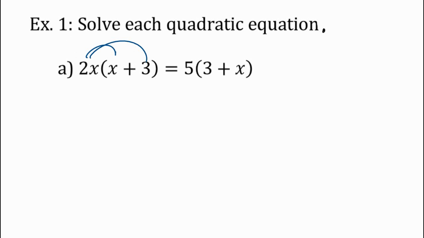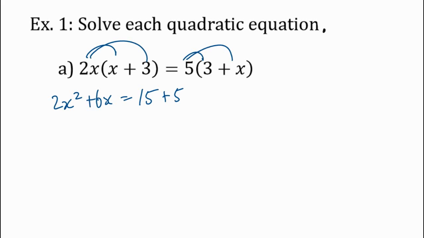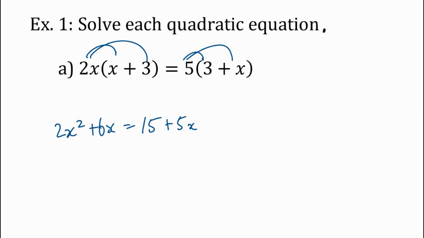So we've seen this before, where we're expanding those brackets. And these brackets. Okay, there we go. It should be 5x. So now we'll move everything to the left. You don't have to write it out this way or show this, but I'm going to subtract 15 from both sides.